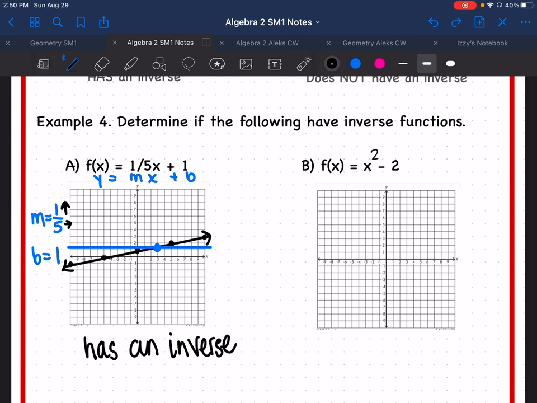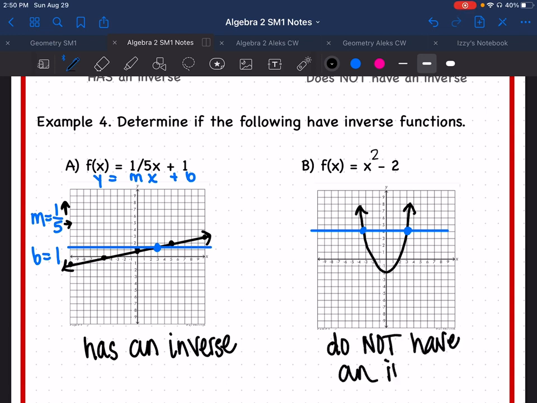Let me see. It's going to look something like that. There we go. If I draw the horizontal line through, notice it's going to touch 2 times. This one does not have an inverse function.